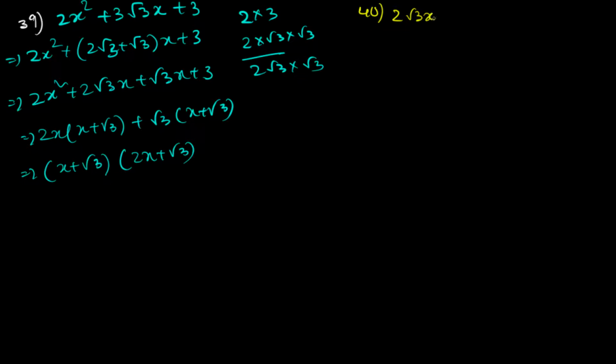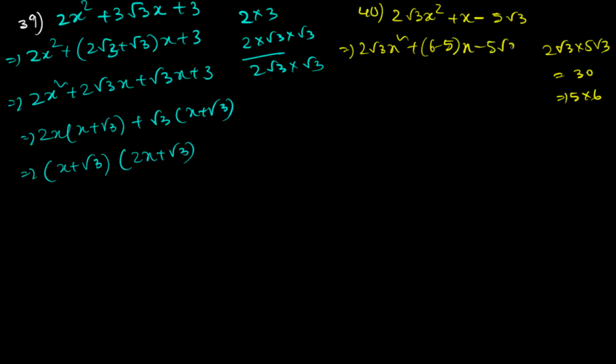Question number 40 is 2 root 3 x square plus x minus 5 root 3. So it's 2 root 3 times 5 root 3, which is 10 3s are 30, so 5 times 6. 2 root 3 x squared, 6 minus 5 times x minus 5 root 3. 2 root 3 x squared, 6x minus 5x minus 5 root 3.